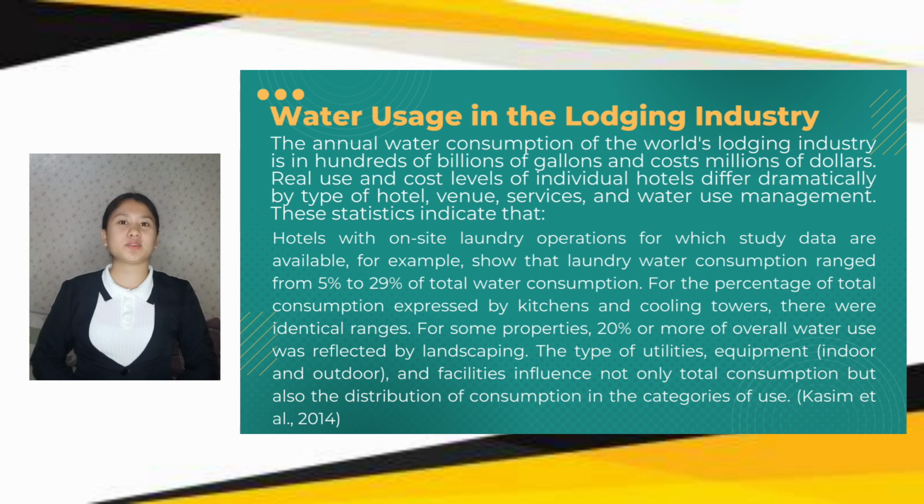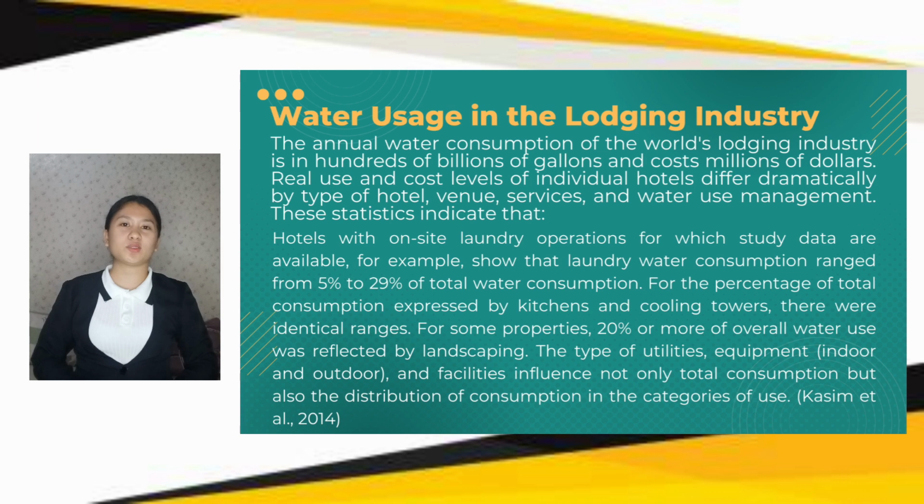For the percentage of total consumption expressed by kitchens and cooling towers, there was an identical range. For some properties, 20% or more of overall water use was reflected by landscaping. The type of utilities equipment, indoor and outdoor, and facilities influence not only total consumption but also the distribution of consumption in the categories of use.